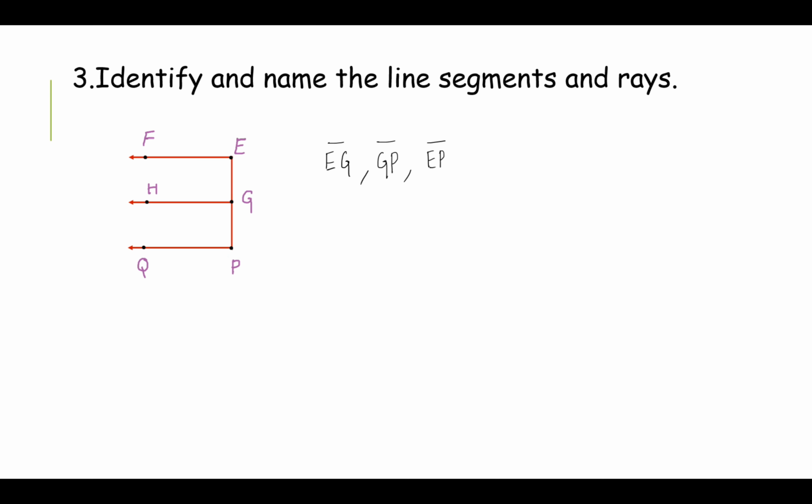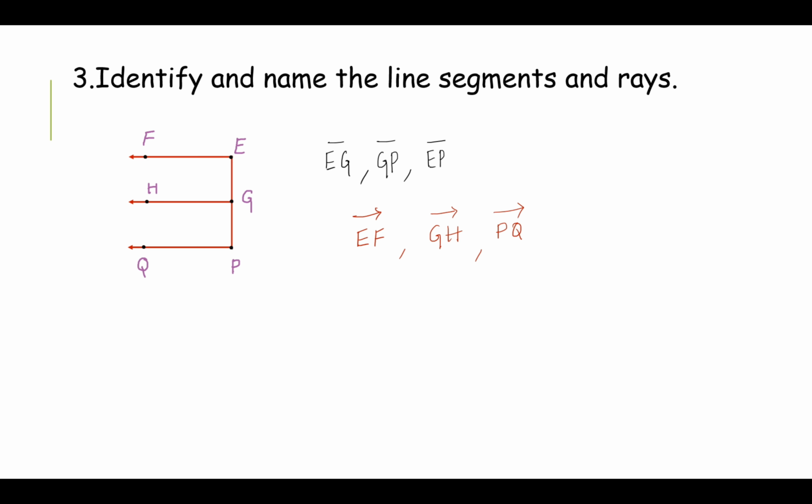So PQ. So you can write E, F, this is a ray, and one more G, H, and P, Q. Just now I said for line segments the order doesn't matter, but for a ray the order matters.